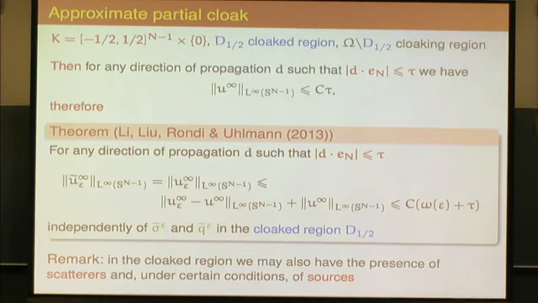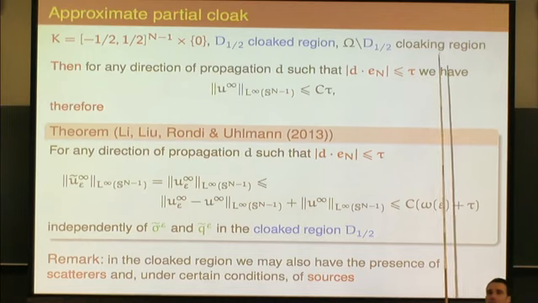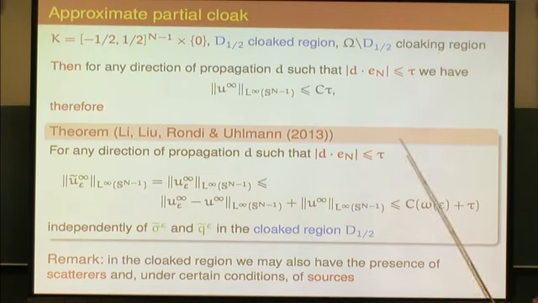But in any case, if the angle between the incident wave and the perpendicular to this plane is small enough, then what you can see at infinity, the perturbation is of the order of this angle, essentially. So it's very small if the angle is very small. And then you do the same thing.